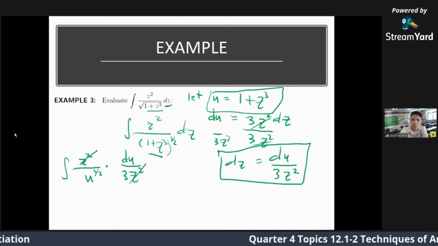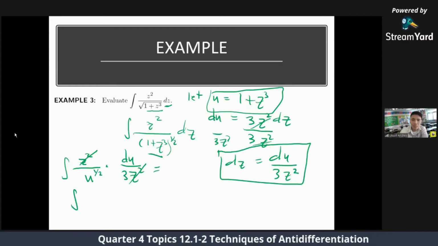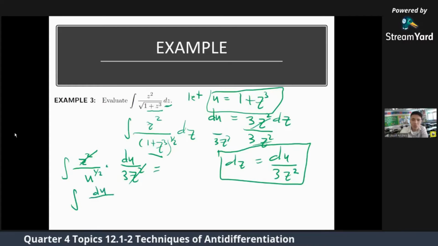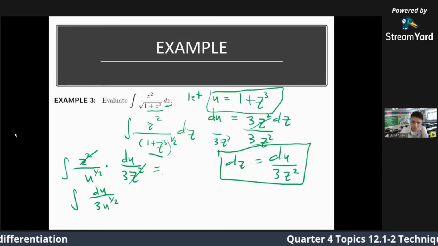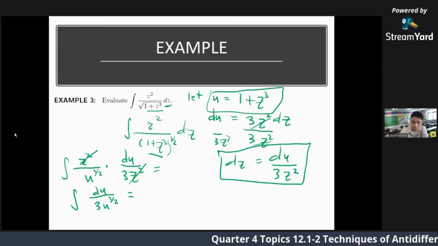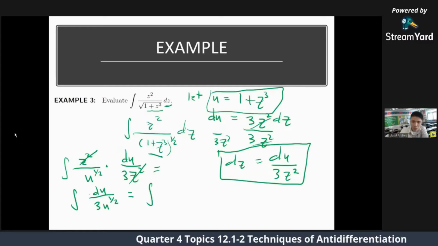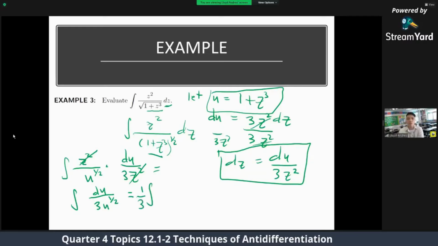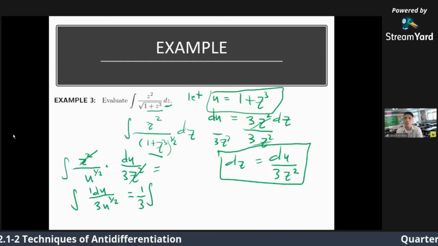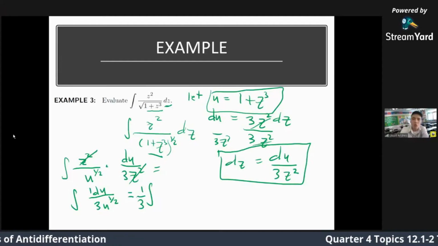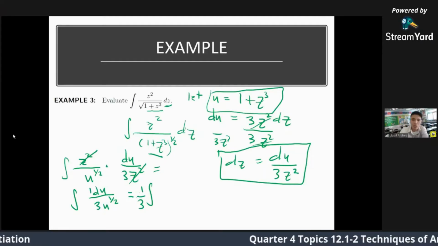So, ang mabilin ana is integral ni du over 3 u raised to 1/2. Pwede ra pud siya i-simplify as integral of 1/3. Recall tong constant multiple, pwede lang basta constant multiple, i-factor out lang nimo sa integral.